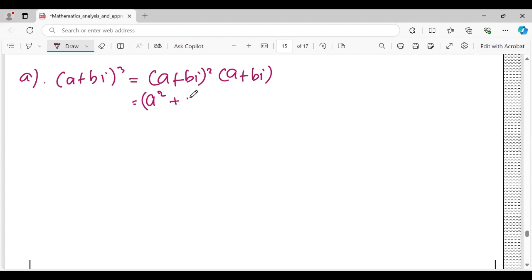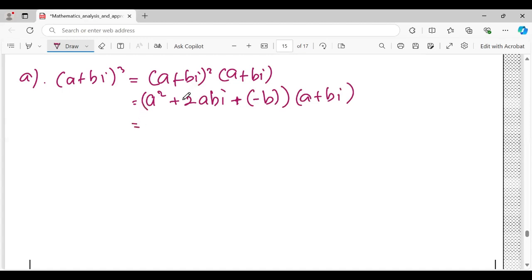It's going to be a squared plus 2abi minus b squared, because i squared equals minus 1, times (a plus bi).